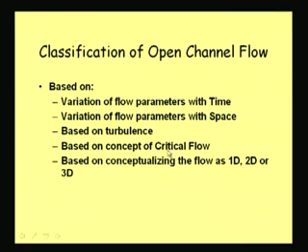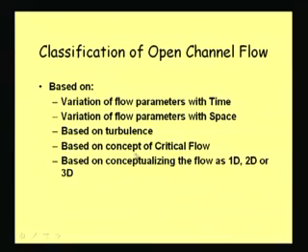For understanding critical flow, we need to discuss something more, which we will be doing, but there is another classification which we make based on critical flow. Then we classify flow based on conceptualizing the flow as 1D, 2D or 3D.